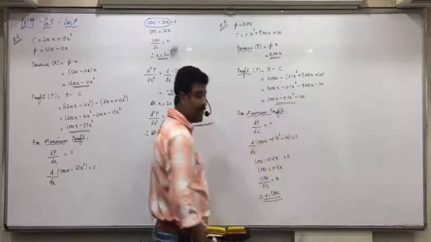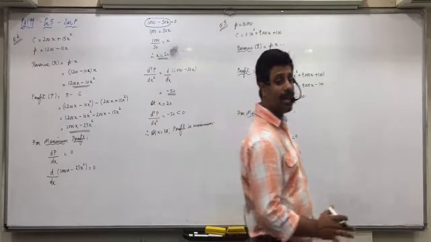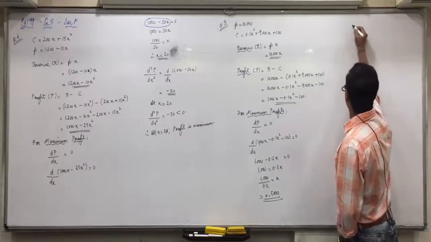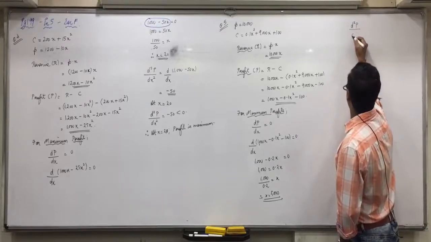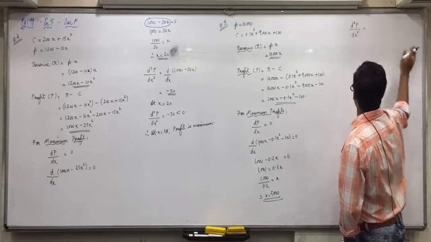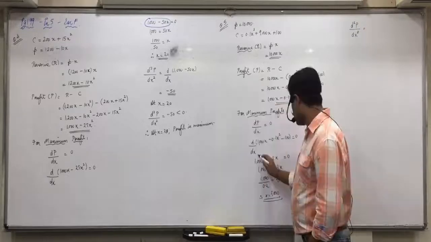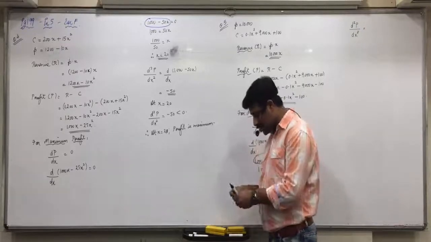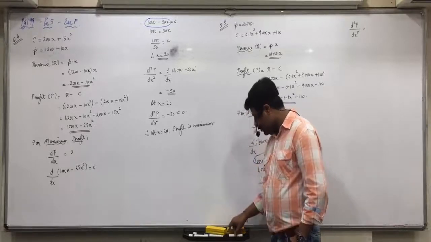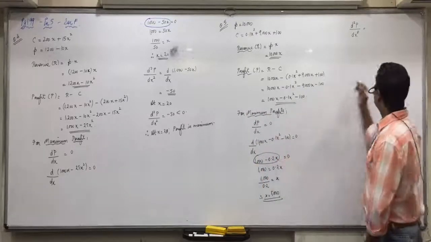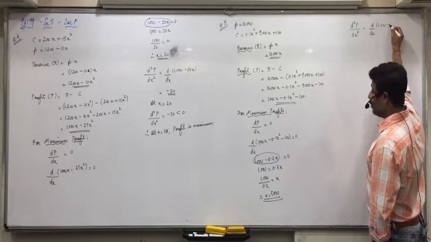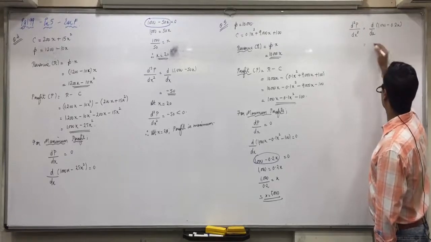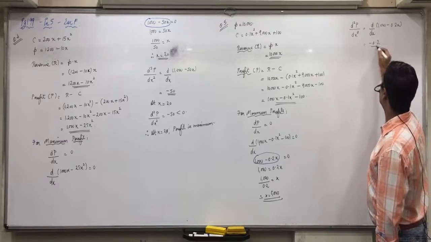Only a single value means automatically d square P upon dx square will come negative. So now we will find d square P upon dx square. What was dP upon dx? 1000 minus 0.2x. This we have to differentiate again. So d upon dx of 1000 minus 0.2x: 1000 becomes 0 and minus 0.2x becomes minus 0.2.